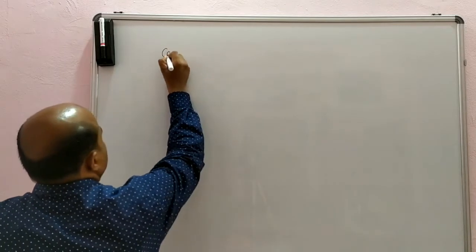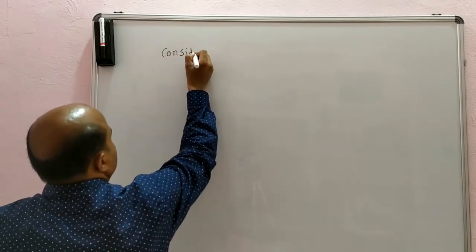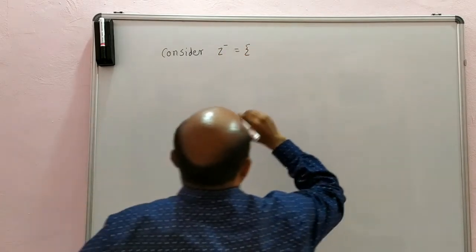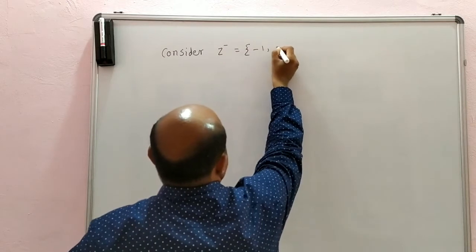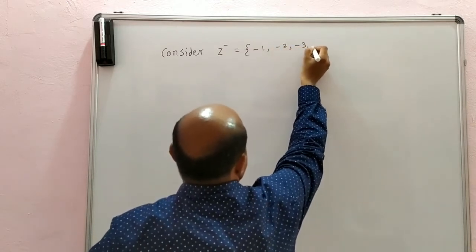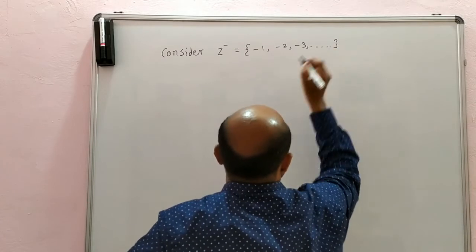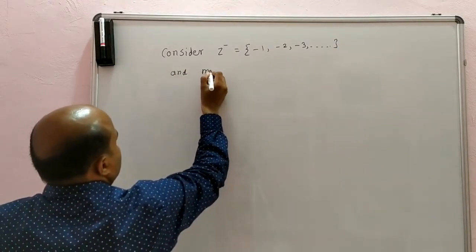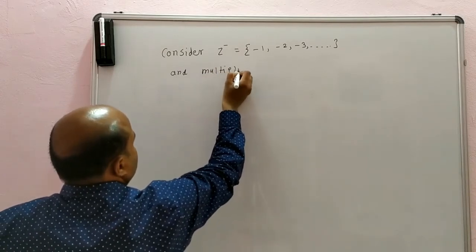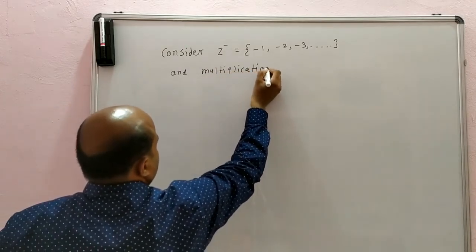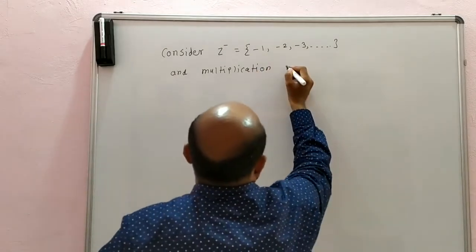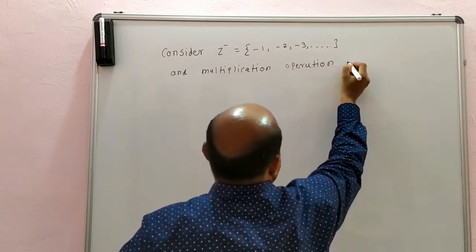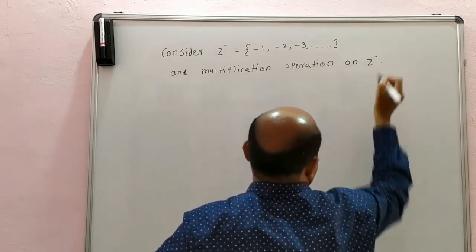Consider Z minus, the set of all negative integers minus 1, minus 2, minus 3 and so on, and the multiplication operation on Z minus.